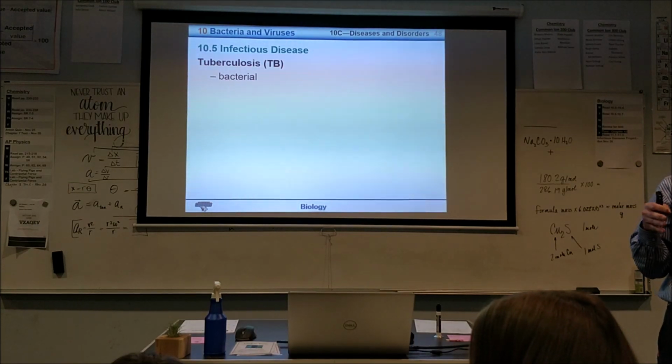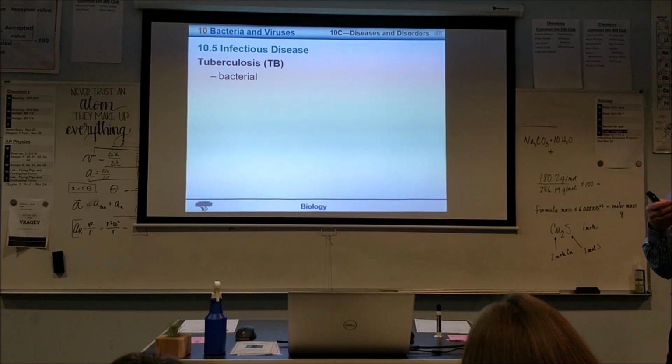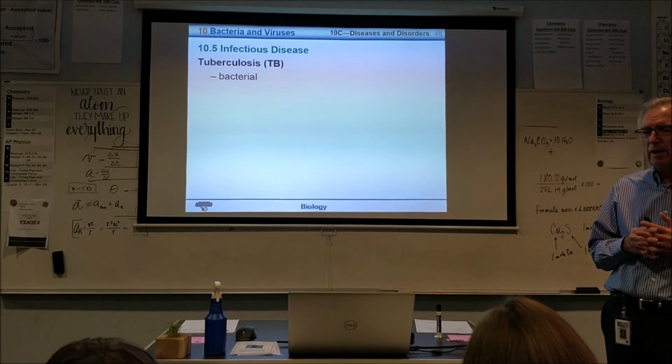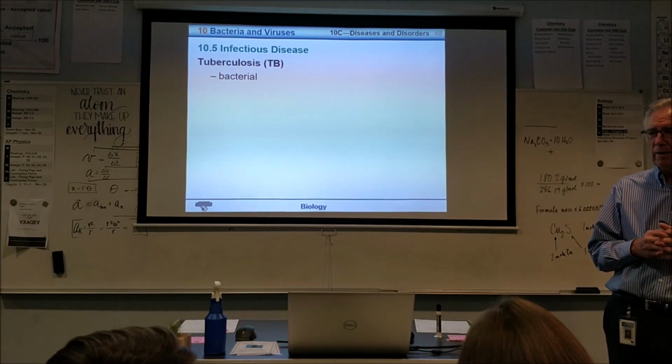We're kind of at the point now where the number of people that get TB in the U.S. is so small that we aren't even concerned about it. You know, we just deal with it. But there are other countries where TB is probably a lot more common. They don't have the health system or the sanitary systems maybe that we have here.